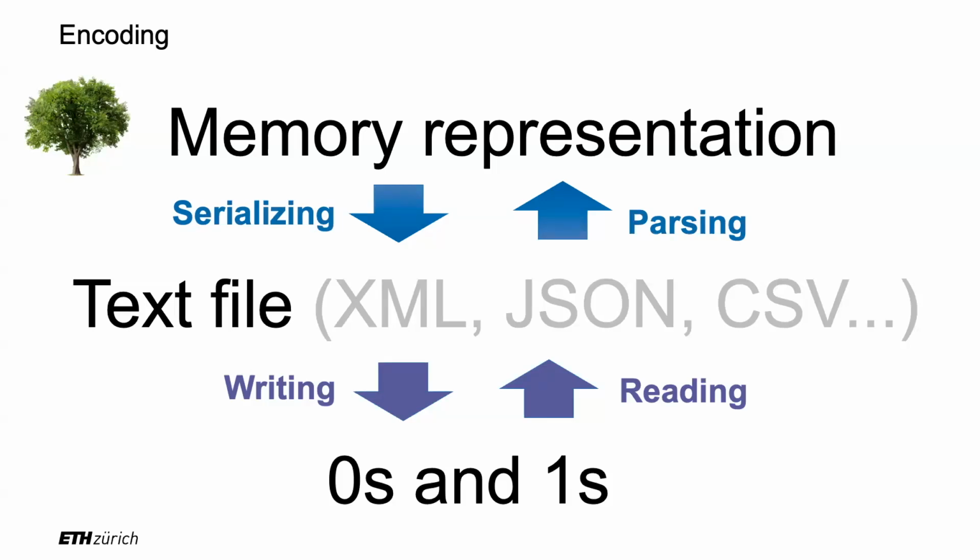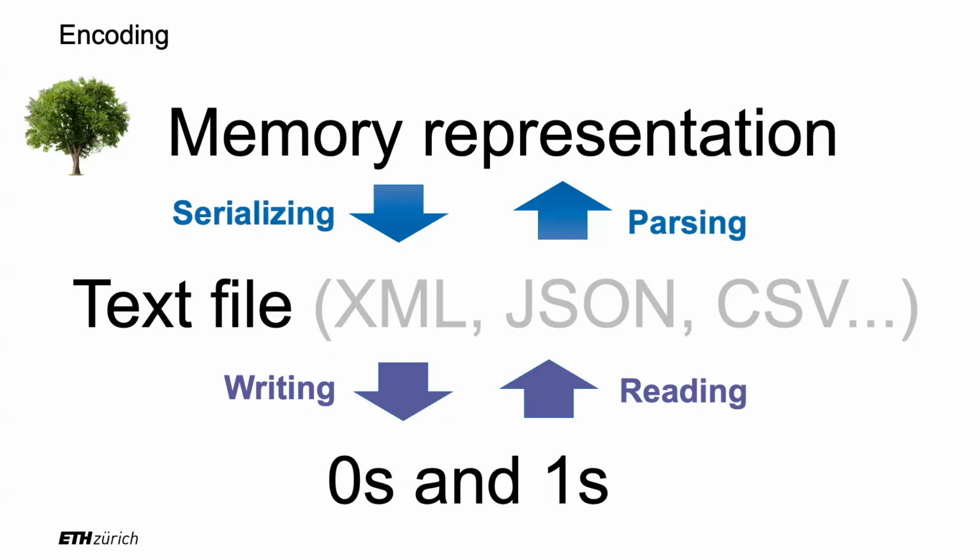And the answer, or partial answer for today, is we just use an intermediate representation as text. The idea is that text can be stored as zeros and ones. That's called an encoding. We have ASCII, UTF-8, and so on. So all these ways to represent text as zeros and ones.